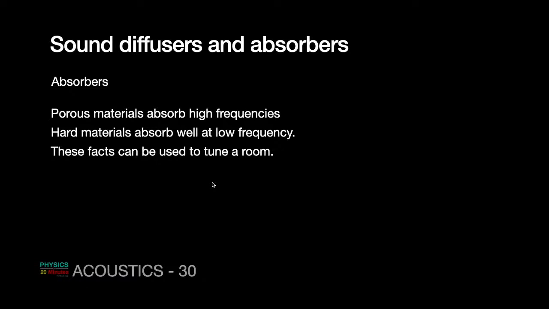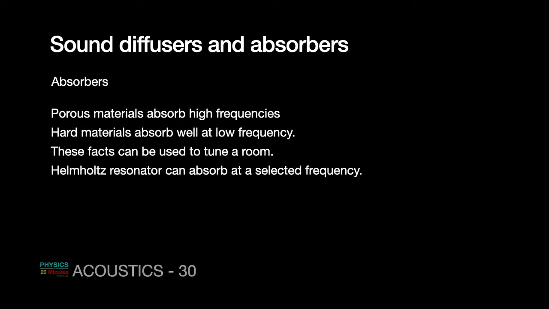For example, you can remove curtains and upholstery, keep the wooden chairs exposed, and the room will get tuned to high frequencies. Put a lot of upholstery and absorbers, and the room will get tuned to low frequencies. So all these can be adjusted.